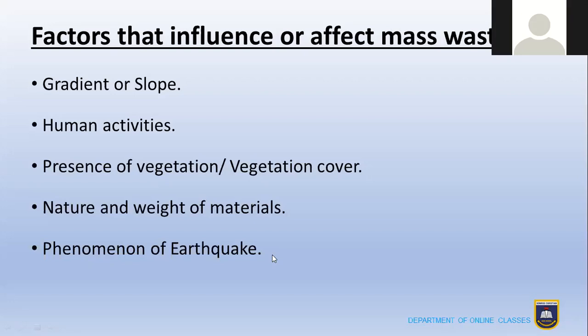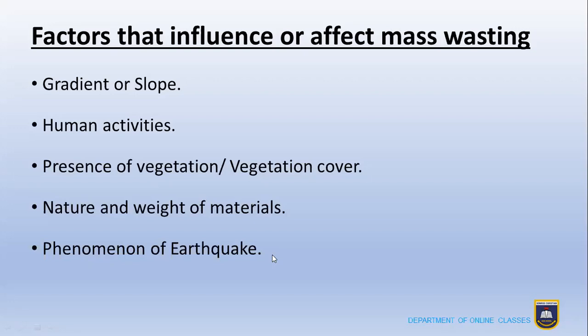I want you to understand the concept of mass wasting. I want you to get this concept. It is basically the movement, the transportation, of weathered materials. What are weathered materials? Loose materials that can move, materials that are detached from each other. They are basically what we are referring to as the loose materials.